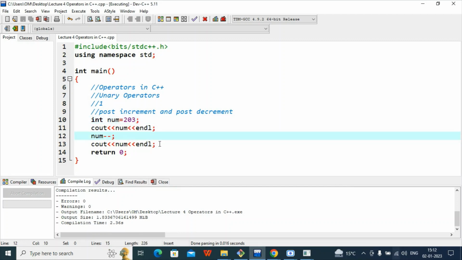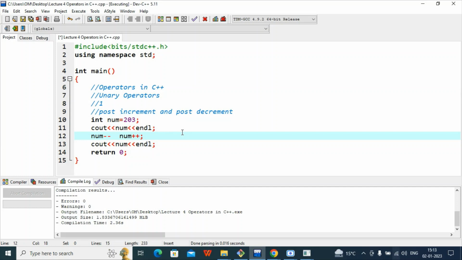Now you might think, okay, increment and decrement we got, but why is it called post increment and post decrement? As you can see, I am putting this plus plus and minus minus after the variable. That's why it is called post.